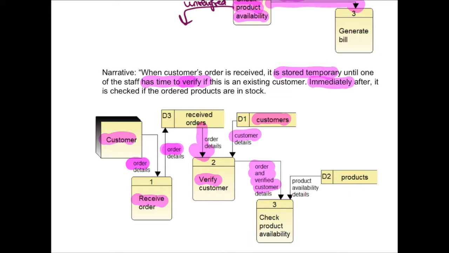What is missing, of course, is the unverified, and I'm not going into that, right? In order to check the product availability, we go to the products data store and get the product availability. So we see here that process 1 does not trigger process 2 because process 2 is time triggered, but process 2 does trigger process 3.